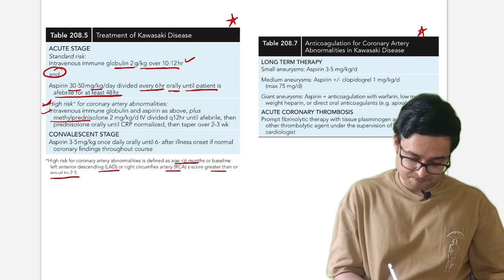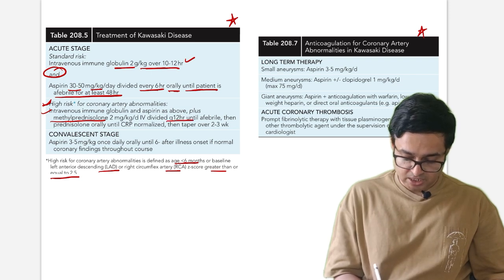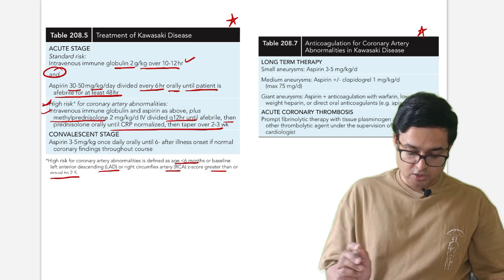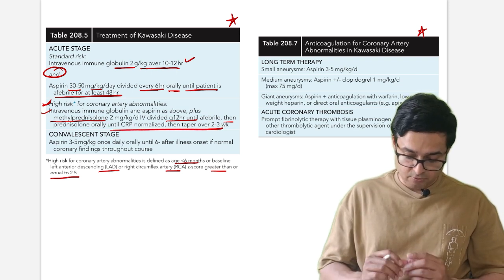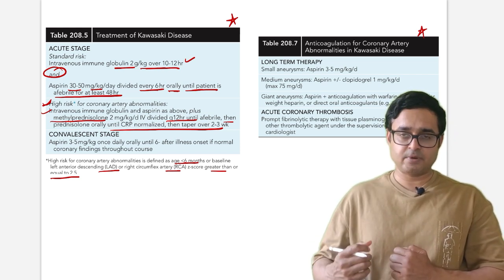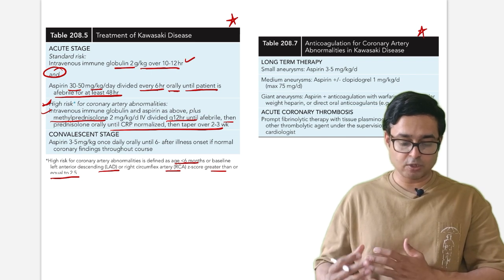MPS, yes, steroid. You have to give 2 milligram per kg per day divided 12 hourly until afebrile, then prednisolone until CRP is normalized. So basically, MPS should be tapered with prednisolone until CRP is normalized, then taper over 2 to 3 weeks.